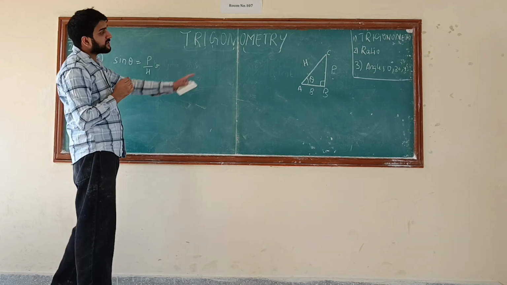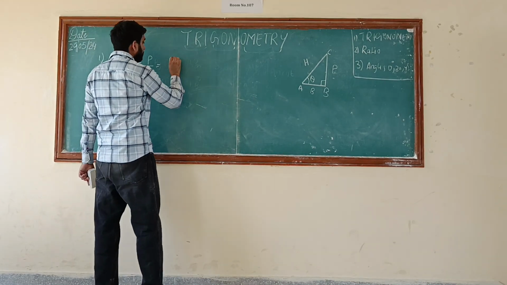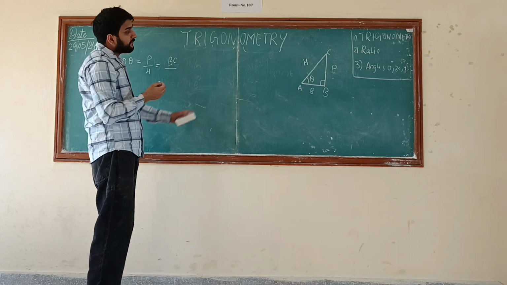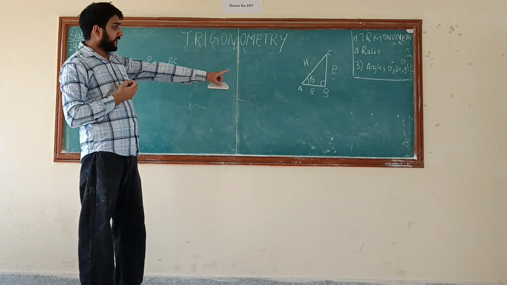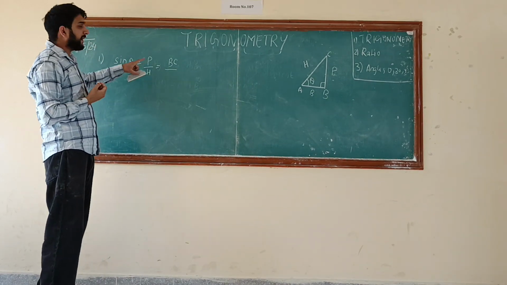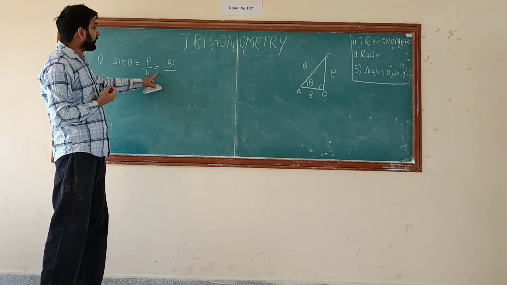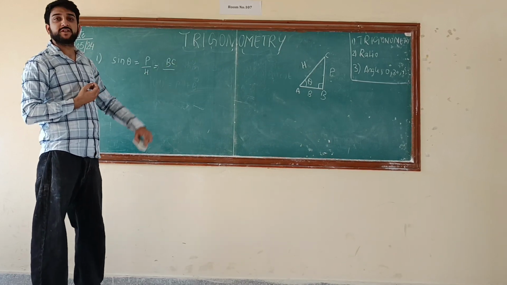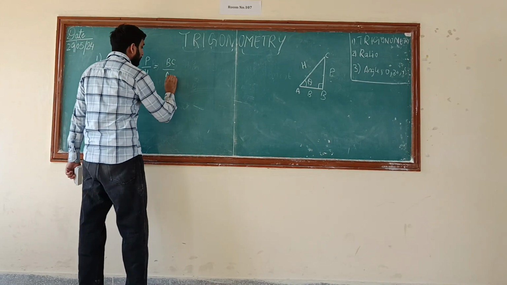Here we consider theta at point A. Perpendicular is our BC and hypotenuse is our AC.